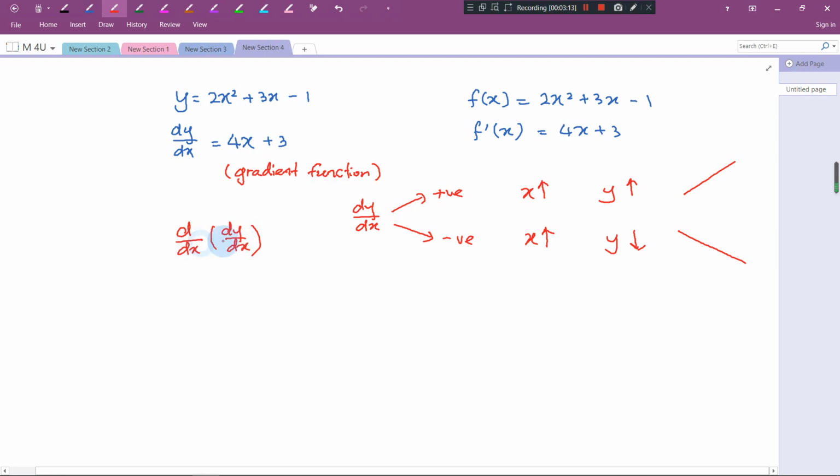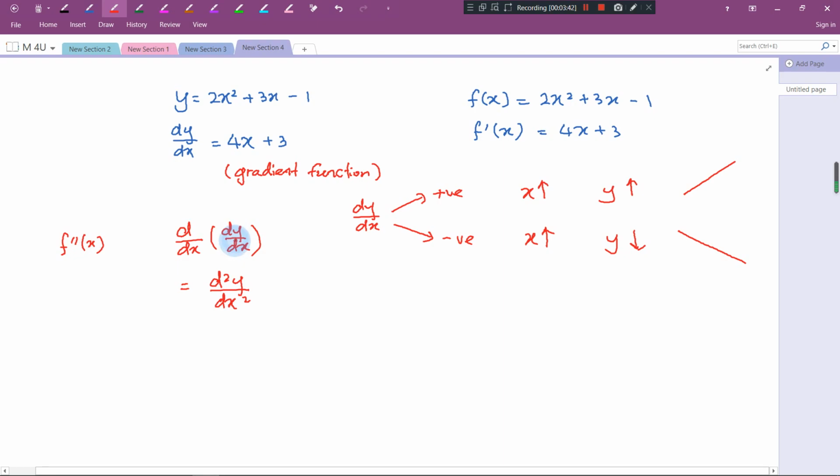But normally we do not write it this way. We will just represent it by using d2y by dx squared. If this is f prime of x, the second derivative we will represent by using f double prime of x. They mean the same thing. If one prime only, this is the first derivative; double prime, this is the second derivative.